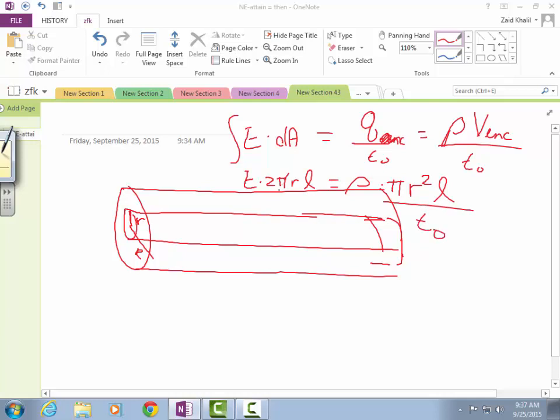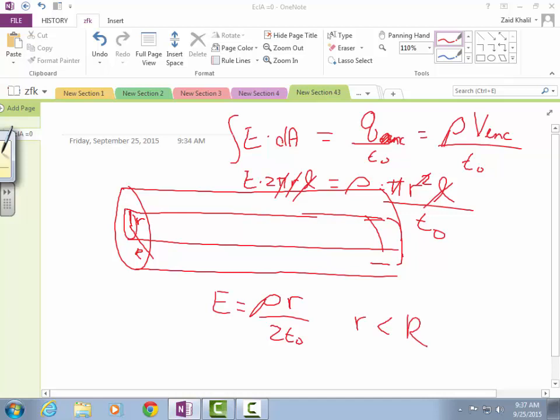And so we get massive cancellations. The pi's are gone, r goes with r squared, L goes with L, and we end up with E equal to rho r over 2 epsilon naught, for r less than big R.